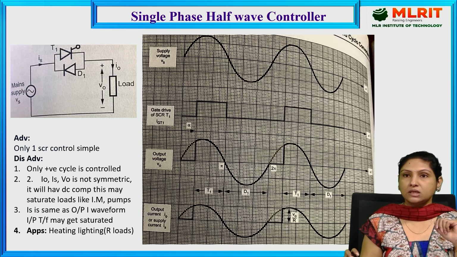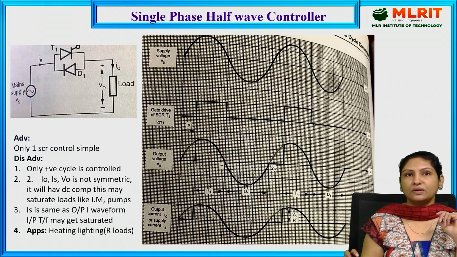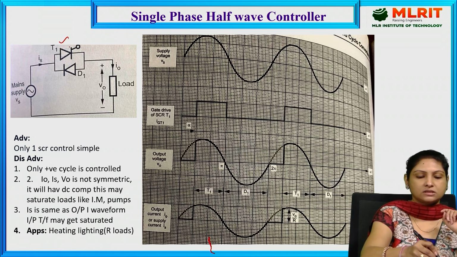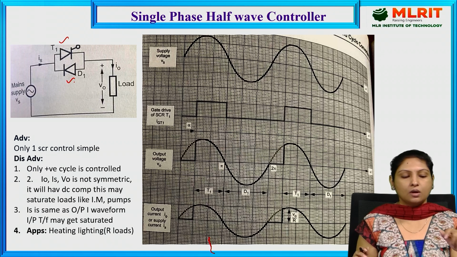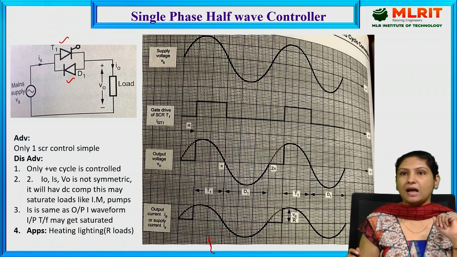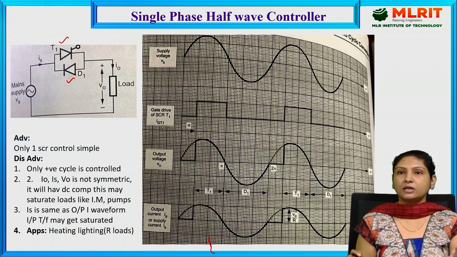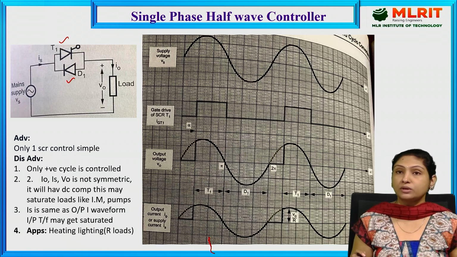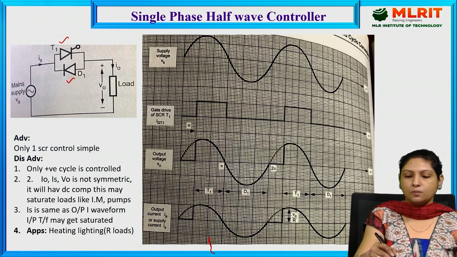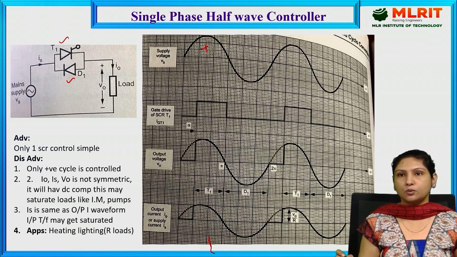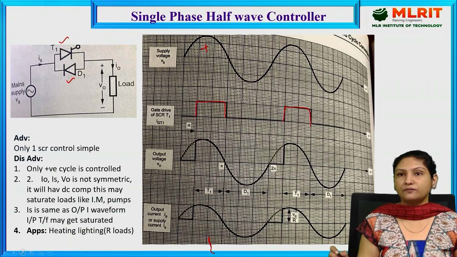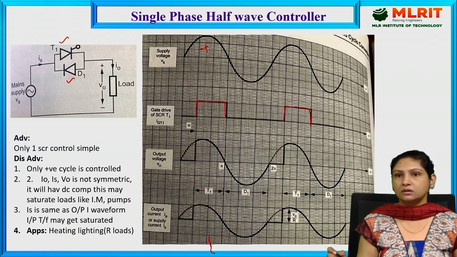And if you see here, we are making use of two devices in this circuit. One is a thyristor and the other is a diode, where both are connected anti-parallel, and this anti-parallel switch is connected across the supply as well as the load. So during the positive half cycle, we are providing the triggering pulse for thyristor 1, and we don't have to provide any triggering pulse for the diode.